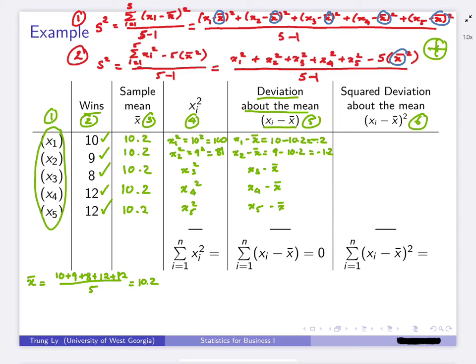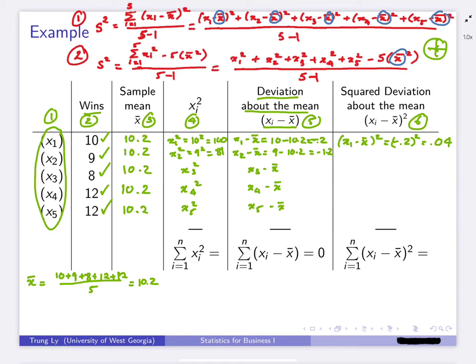Now finally, in the last column of the table, you want to square whatever you get in column 5. So squaring the first term gives you x1 minus x bar all square, which is equal to negative 0.2 all square. So negative 0.2 times negative 0.2 gets you 0.04.